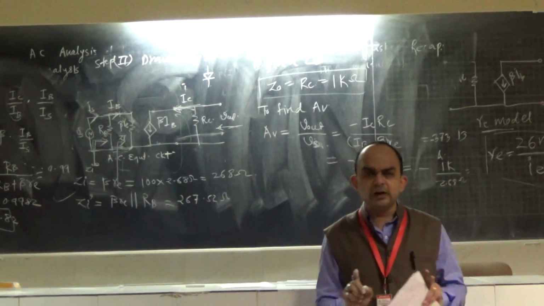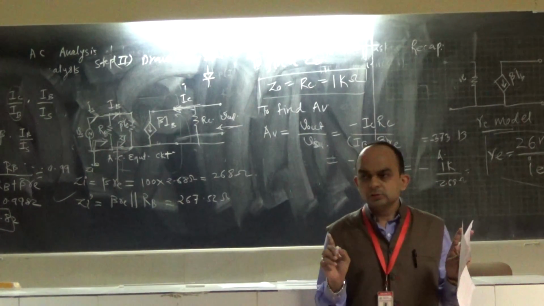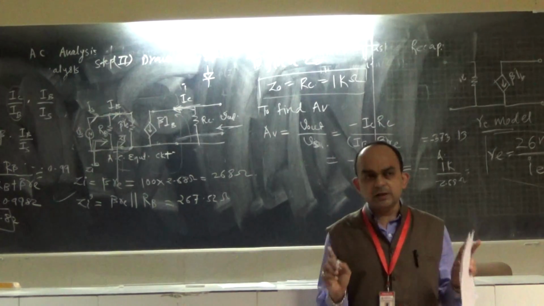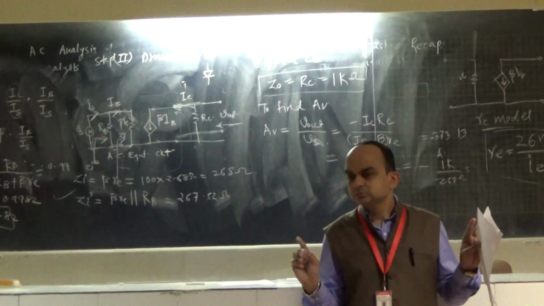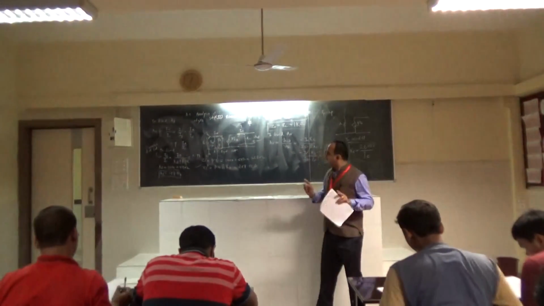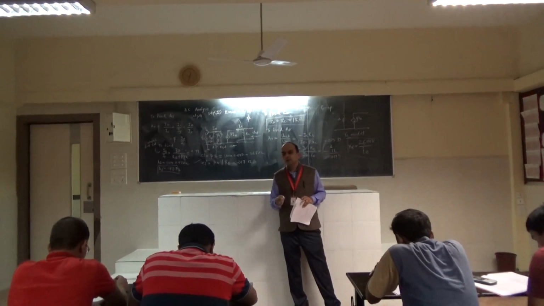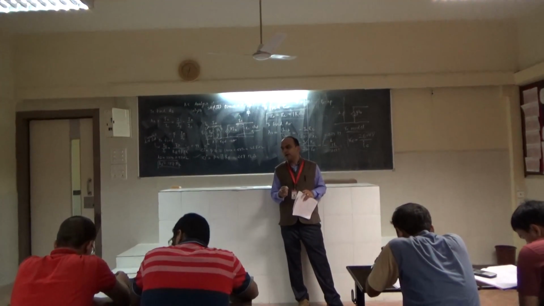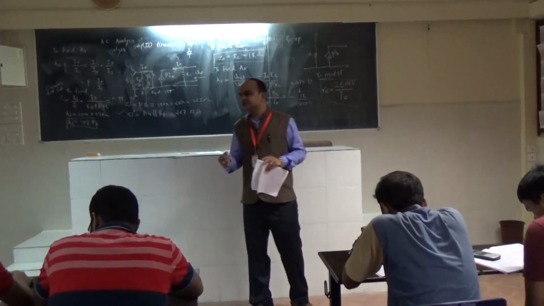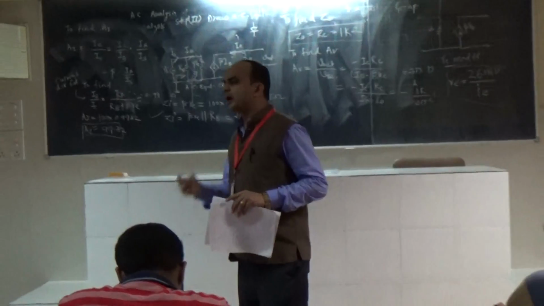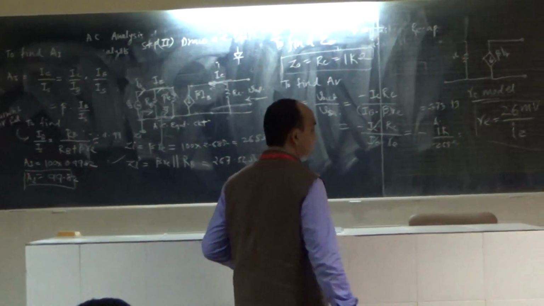I don't mind spending 2 minutes, but with a conscious thought process, see what we have done. If there is any difficulty, meaning you did not understand something, please tell me. If you follow these steps systematically, your answer will never be wrong. I can challenge that your answer will never be wrong.